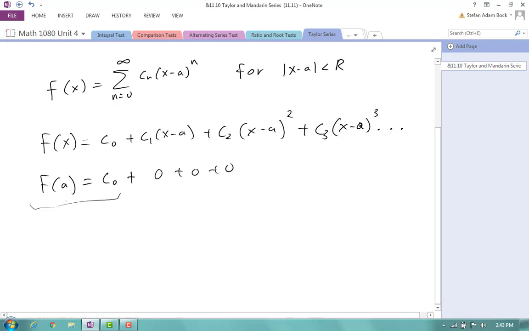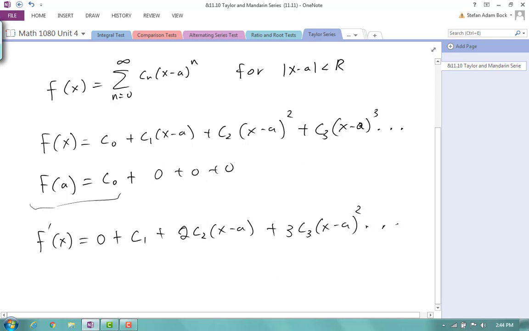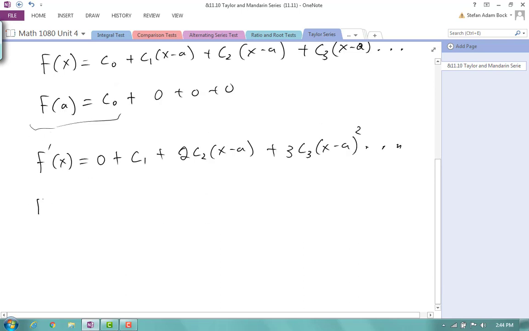So that finds us the first coefficient. If these two things are equal, then their derivatives must be equal. So f prime of x is equal to 0 plus c sub 1 plus 2c sub 2 times x minus a plus 3c sub 3 times x minus a squared, etc. If I plug in a again, I get c sub 1, and all of these other terms go to 0.